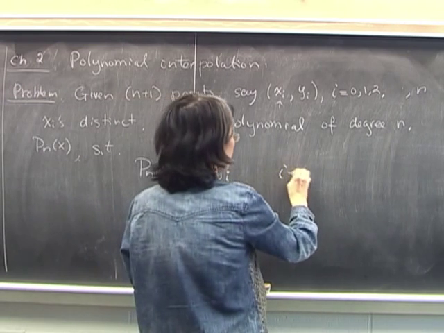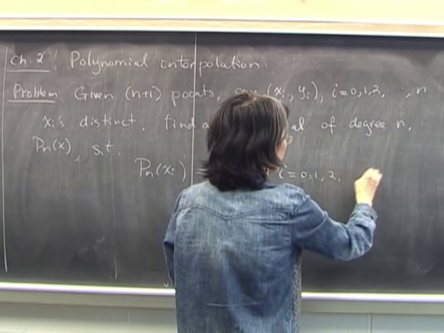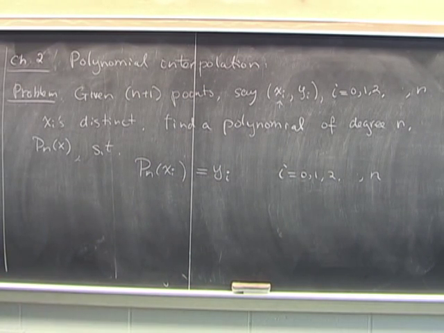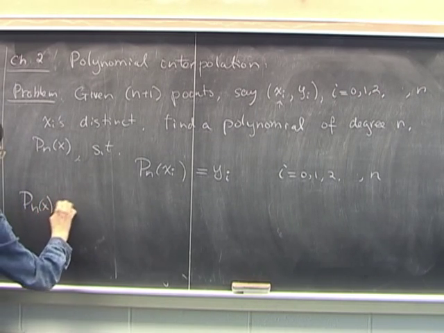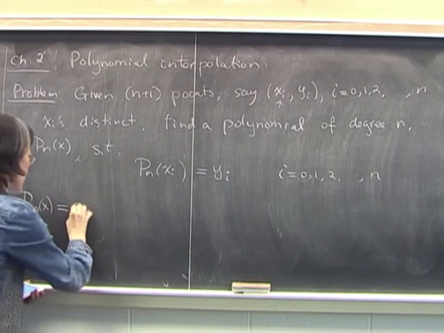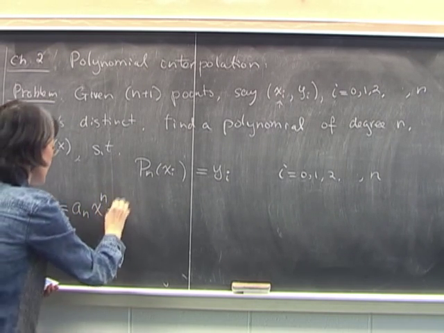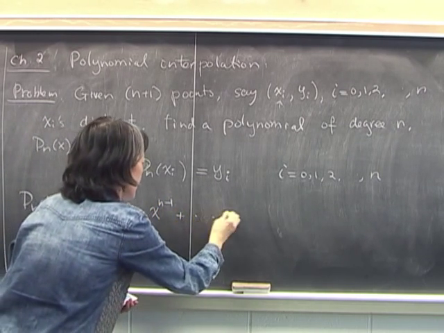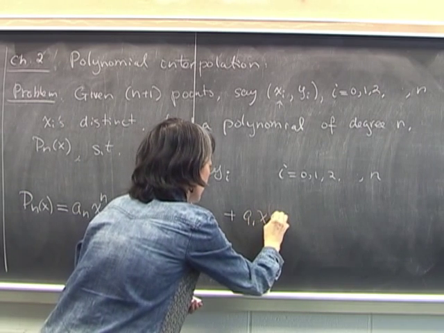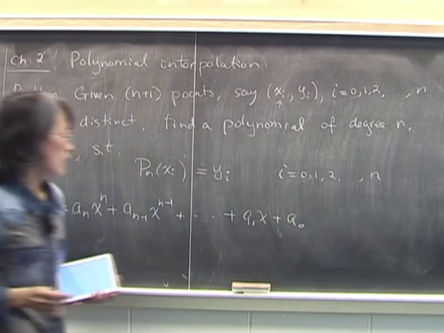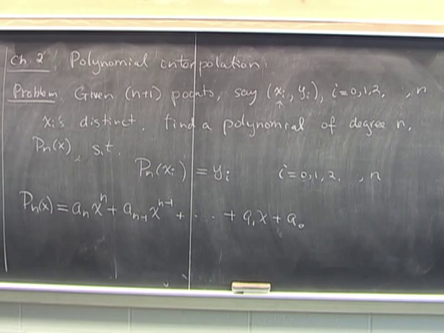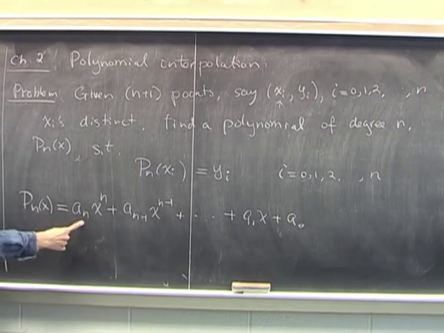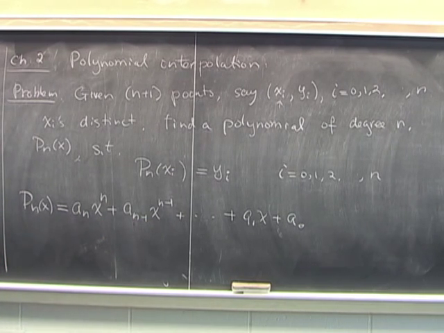All right? So i from 0, 1, 2 to n. Okay, so polynomial of degree n. Let's write it out, the most general form. Okay, so it matters that we have these coefficients, doesn't it? an. So if you have a polynomial of degree n, you need n plus 1 coefficients, a0, a1, a2, all the way to an, right?